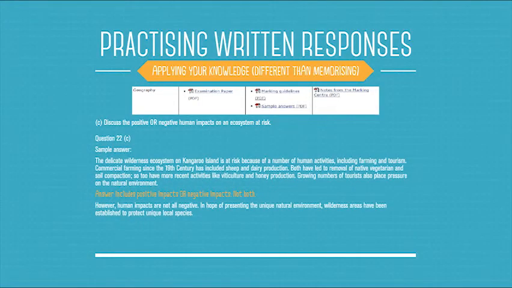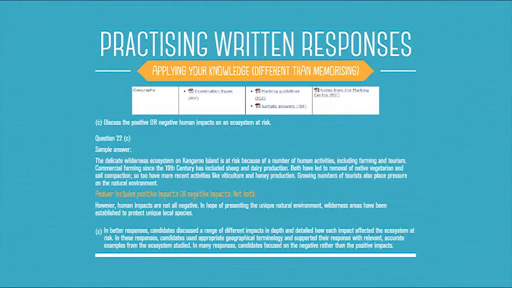Then you can go and have a look at the sample answer, which has been written by the HSC markers, and then have a look at the feedback which HSC markers have given in terms of the responses that students across the state have given for that particular question in that year of the HSC. That gives you a really good idea of what you might have done well or not so well in your response, and it gives you a good idea of what the markers are looking for in terms of your written responses in the exam.